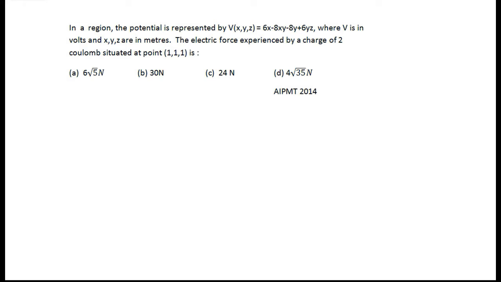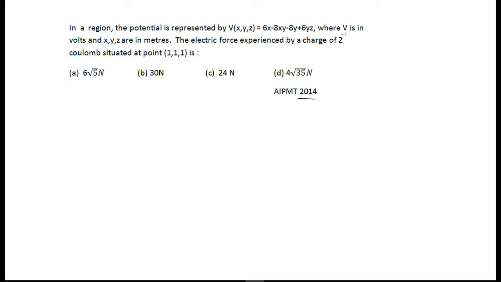Dear students, now we will see a problem which appeared in AIPMT 2014 from the electrostatics chapter. In a region, the potential is represented by V(x,y,z) = 6x - 8xy - 8y + 6yz, where V is in volts and x, y, z are in meters.